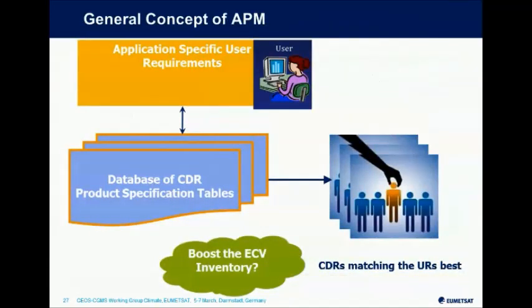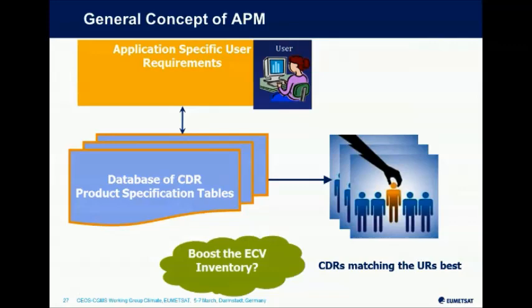This is basically the general concept of the application performance metric. A user has a particular application and specific requirements for that application, and then the user should be able to search through a large set of the product specification tables of the climate data records available, and match the requirements with the technical specifications of the datasets, and find one or more datasets suitable for that application.